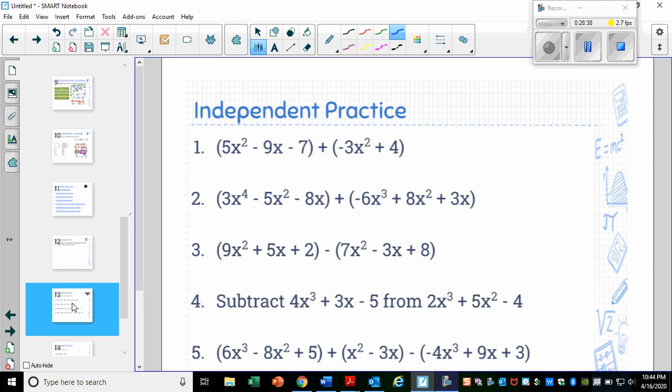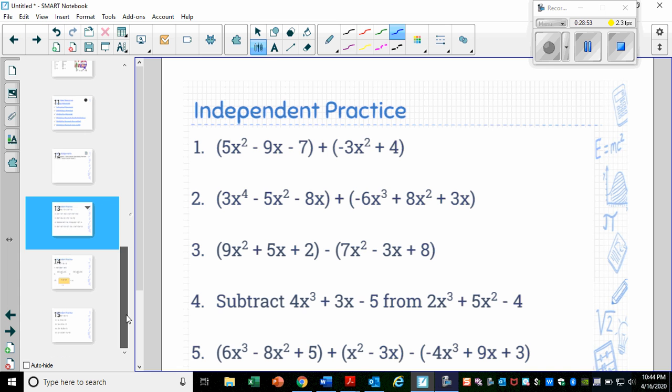Now, these independent practice problems, now these have been posted before. You guys may have seen these before on these 3 slides. Now, what I'm going to do on the worksheet, I have given you hints on how to do some of these problems.